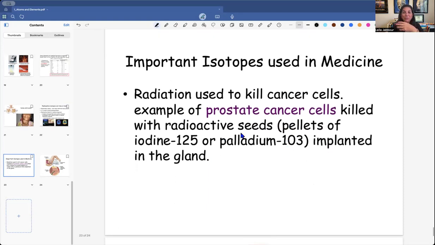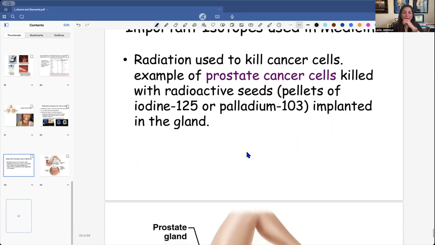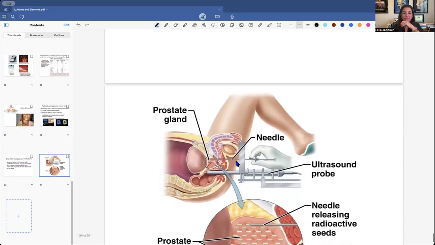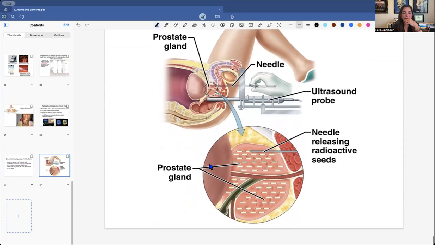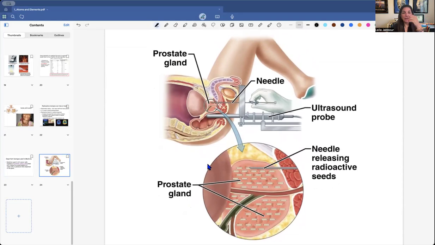The way we do it is we inject pellets of radioactive iodine literally into the prostate gland. With a needle, we inject radioactive seeds, and as they emit radioactivity, they kill the cancer cells and we cure prostate cancer like that. This is just an example at the end here.